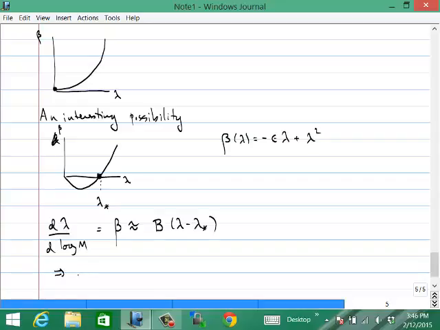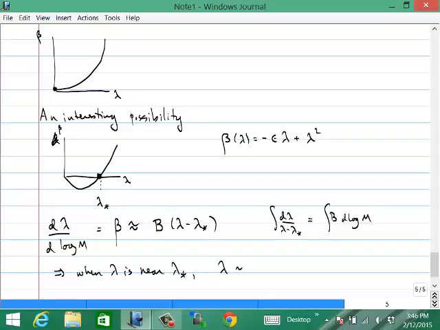When lambda is near lambda star, what's the solution of that equation? You could rearrange that, and it says that the integral of d lambda over lambda minus lambda star is equal to b times the integral of d log m.